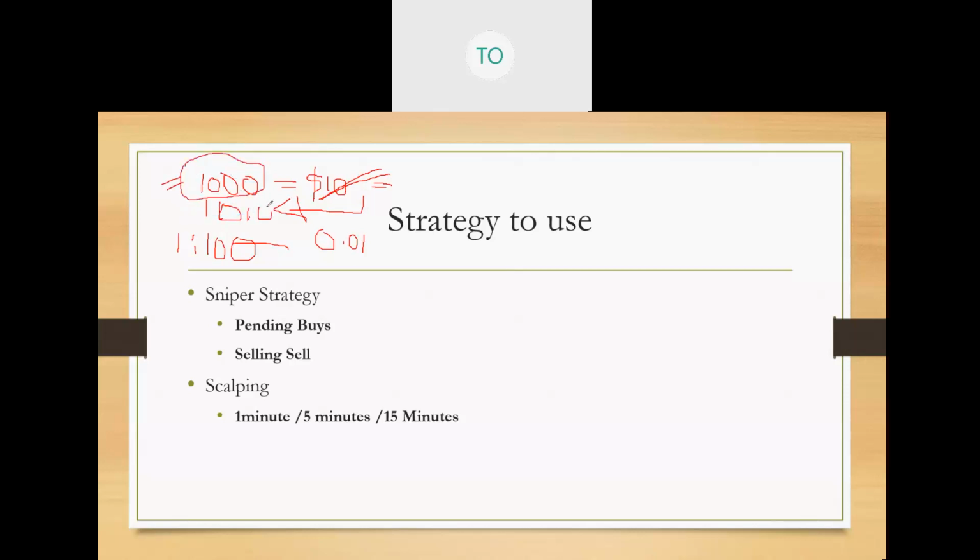For many of you who are mathematicians, you will know what will be happening. If the second day you make another 1%, you're looking at slightly more than $11 or $12. The third day you'll have more again.